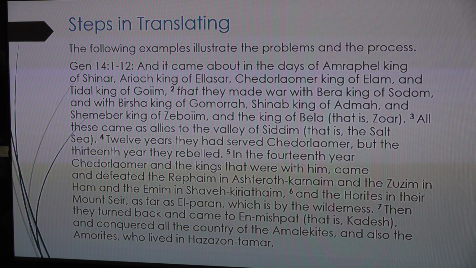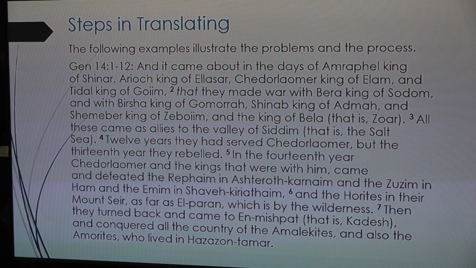And we know where these people lived. We can get commentaries that tell us where the Rephaim lived and where the Zuzim lived, etc. We can find that on maps, and they can say this is approximately where they lived. And so we can get a picture in our mind. These kings came and attacked these smaller groups of people. We don't know how big these groups were.